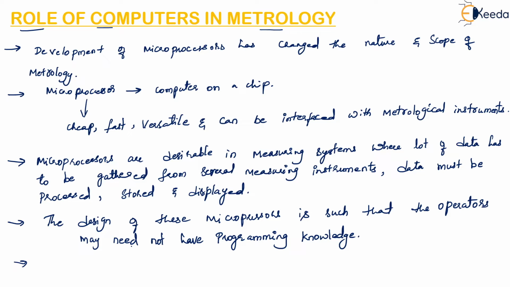In this microprocessor there will be built-in programs to understand changes in the axes of the measurement system. If you are measuring any component, there will be axes. So if there is any change of movement of the measuring instrument on the component in any of the three-dimensional axes, it will be easily understood with the help of this microprocessor.